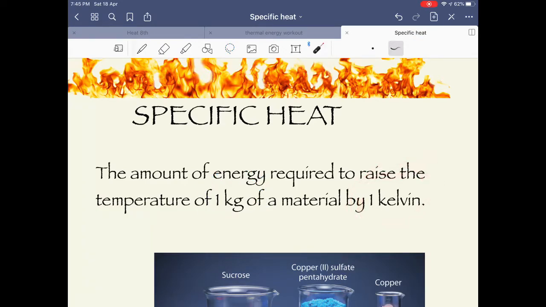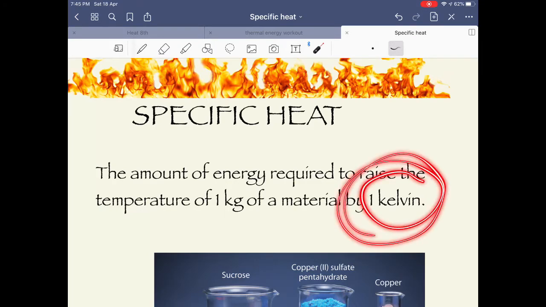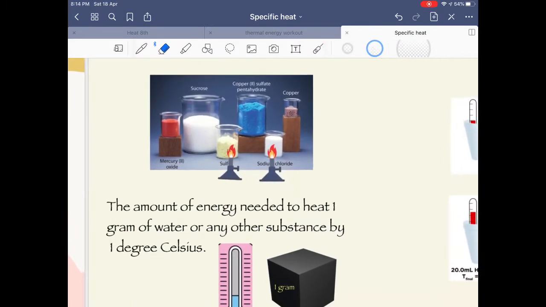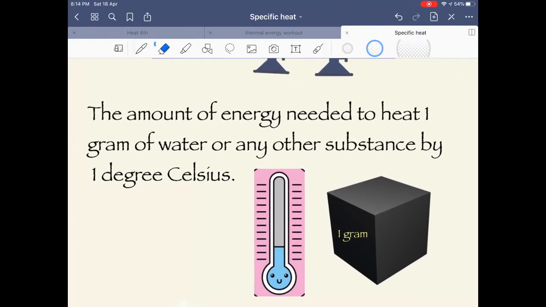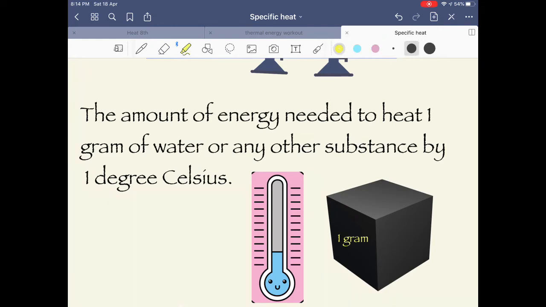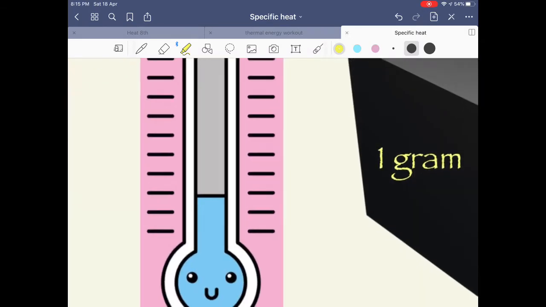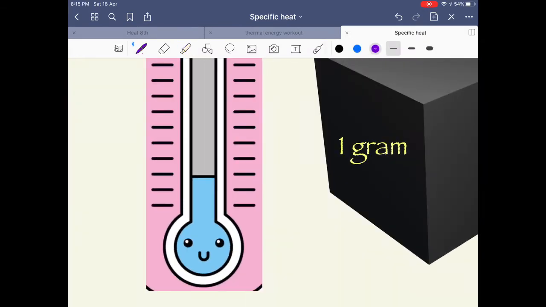But in the problems we'll be working on, guys, Kelvin is not that common in our daily lives. So the meaning we will be using is this one: the amount of energy needed to heat 1 gram of water or any other substance by 1 degree Celsius. Which means that is the amount of energy required to raise 1 degree Celsius.